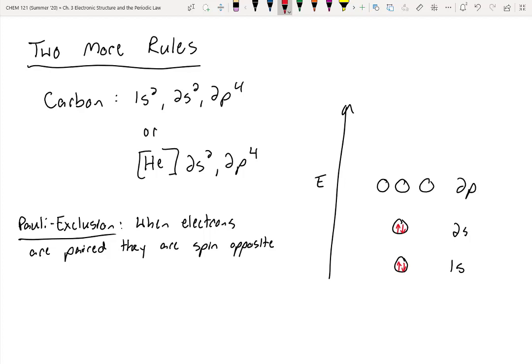So then the question is, how do we fill the p orbitals? Well, the next rule is we want to do 1 electron into each orbital before we start pairing any orbitals. So basically take up all the seats before you start pairing. And we've done 3, but we have 1 more, so we'll go ahead and do that 4th one over here. This is called Hund's rule.